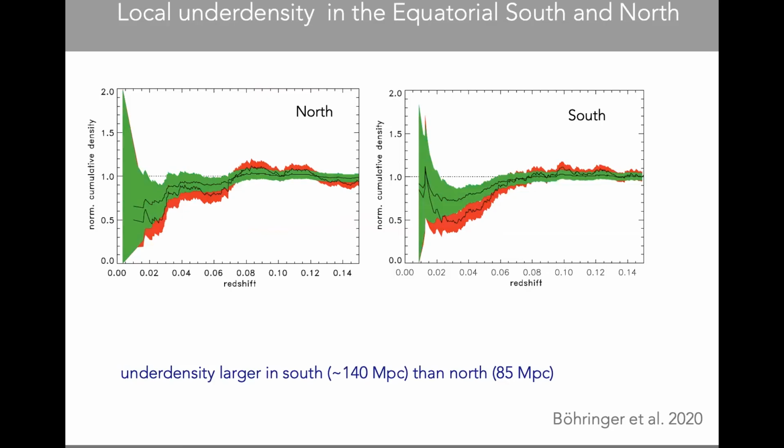I always knew, even if one looks in the Abell catalog, there is quite a north-south asymmetry in how many nearby Abell clusters you find in the north. There are much more than you find in the south. And that is now reflected in this deficit of the nearby matter density in the universe. If we look in the north, we have a deficit that is relatively small, and at roughly 80 megaparsecs we recover almost mean density.